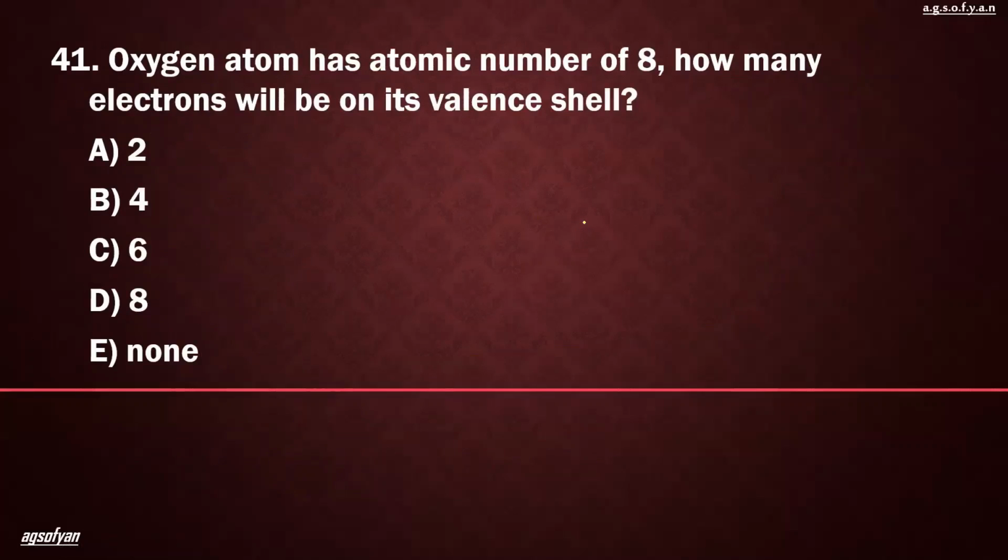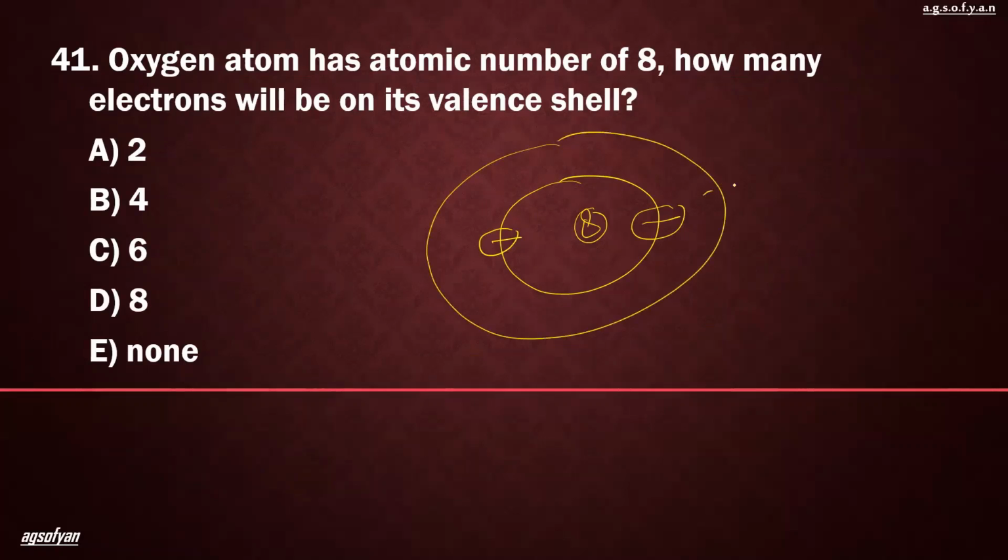So if it is 8, then there will be 8 electrons, right? But remember, the first shell should be only 2, and the rest will be in the second. So the one that's in the last is called the valence shell. Yes, it's gonna be 6. Okay, so 6 in the valence shell.